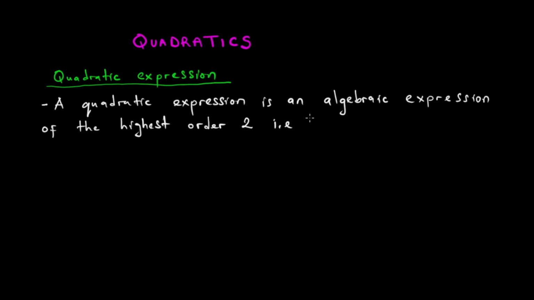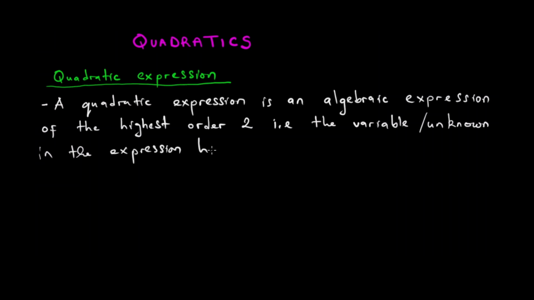This means that the variable, we can call it the unknown, in the expression is the highest power of 2. And so that you understand, let us put an example.